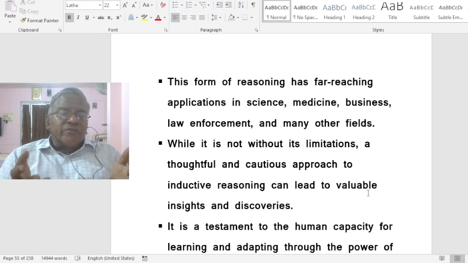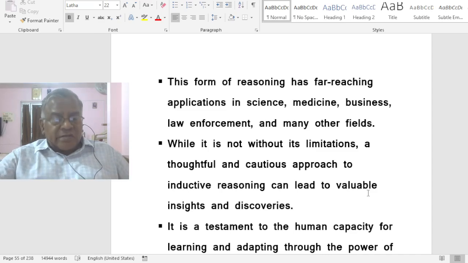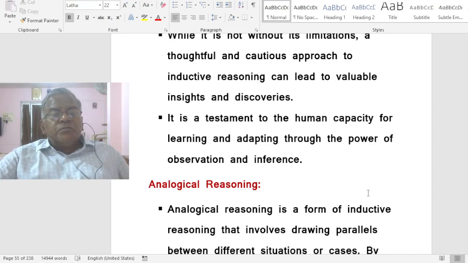While it is not without its limitations, a thoughtful and cautious approach to inductive reasoning can lead to valuable insights and discoveries. It is a testament to the human capacity for learning and adapting through the power of observation and inference in our daily life.